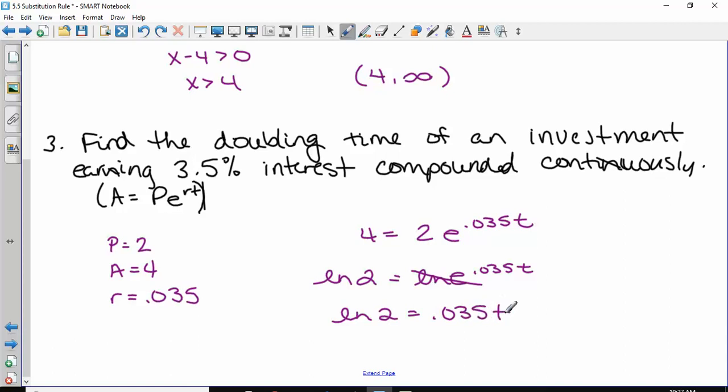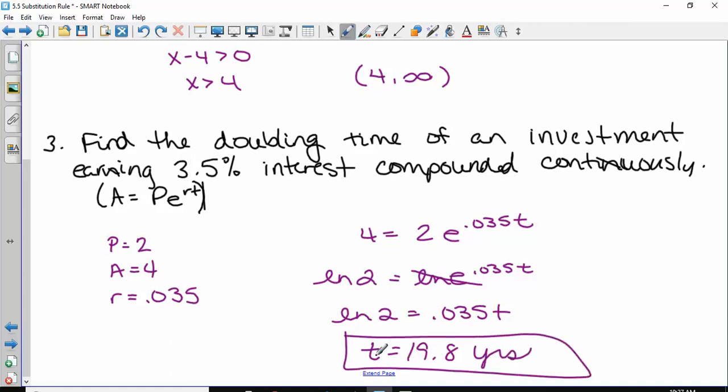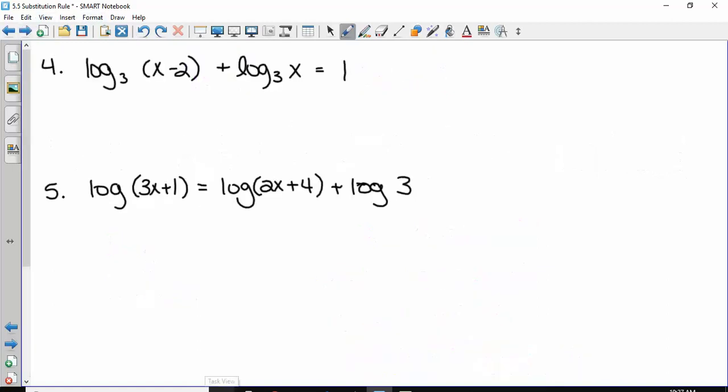So we divide by the 0.035. So you get about 19.8 years. Are those okay? Is it always going to be years? Yes, unless it says otherwise. Let's try a couple log equations.